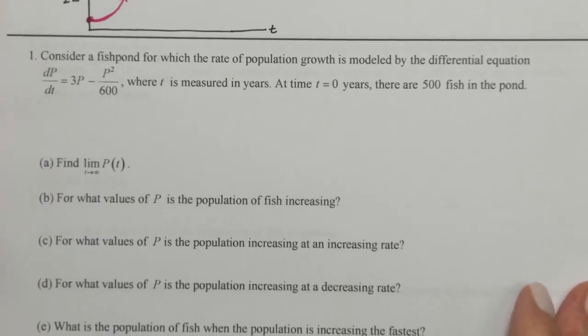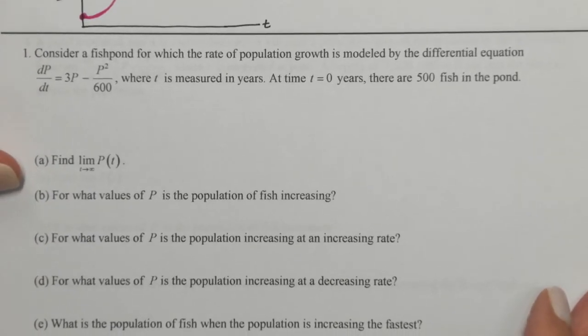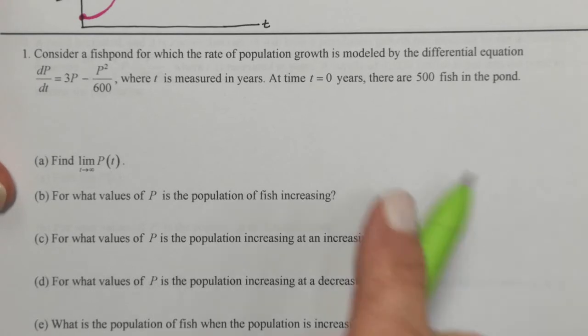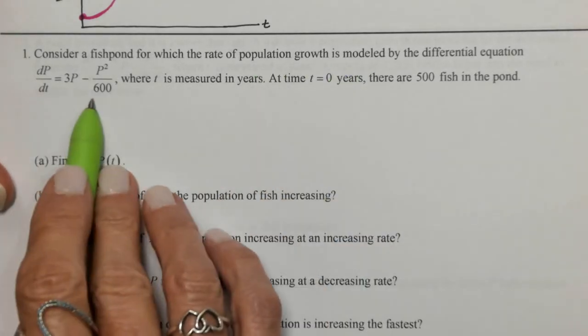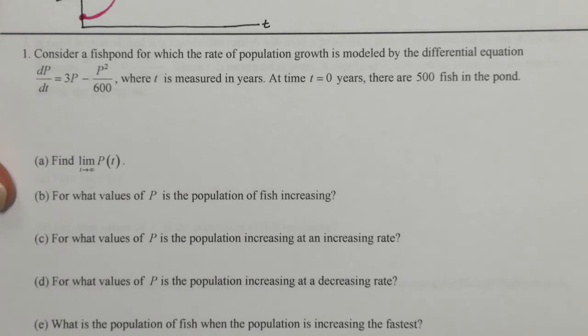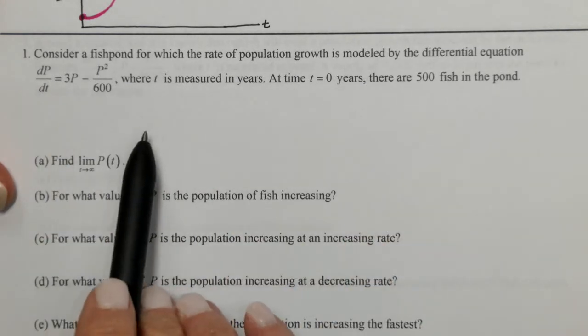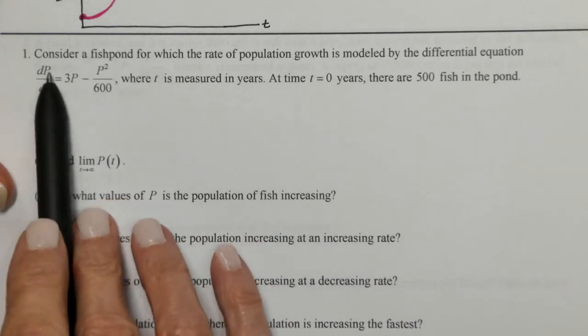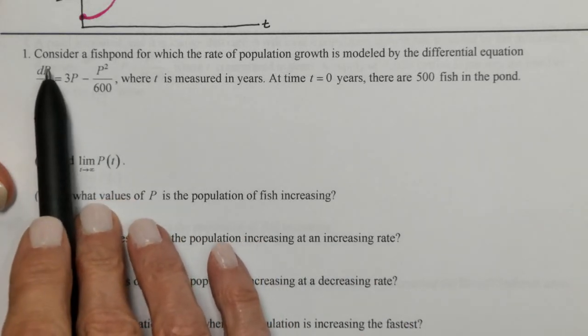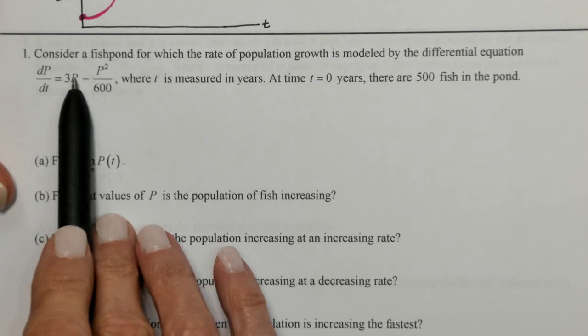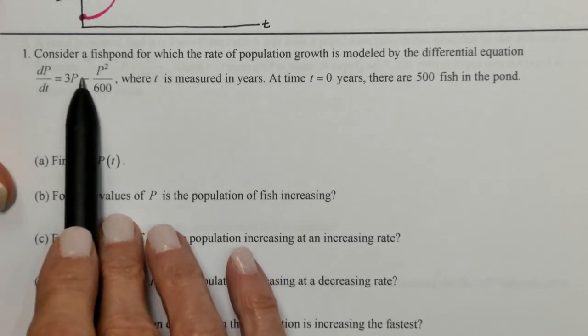Let's consider a fish pond for which the rate of population growth is modeled by this differential equation. First of all, I know they didn't tell me it was logistic, but I know it's logistic because of the form of it: P, P, and P, and a minus.